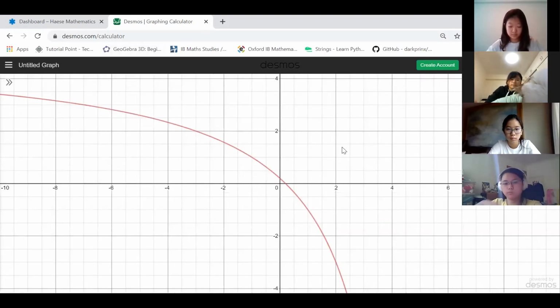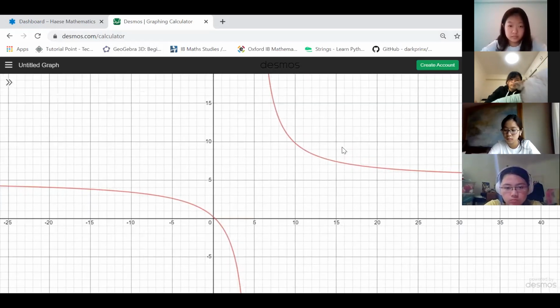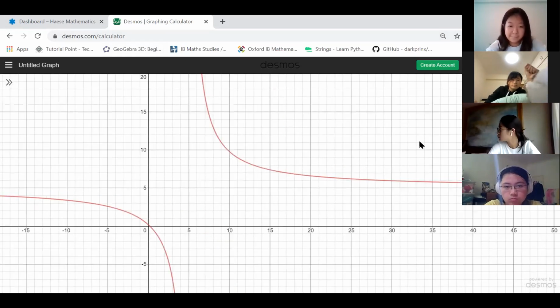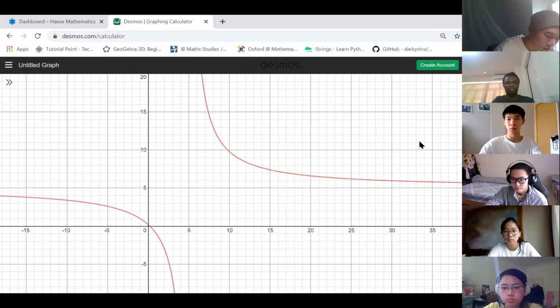So how can we look at this graph and deduce that it is a self-inverse function? The first question will be, what is a self-inverse function? Crystal K, what is a self-inverse function?